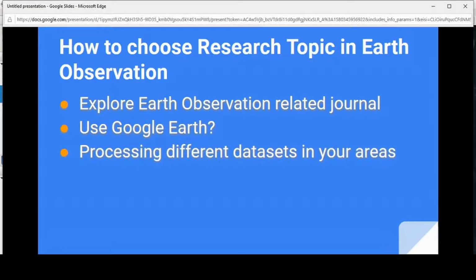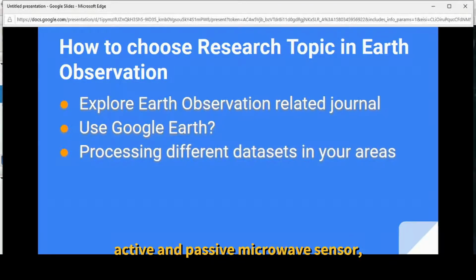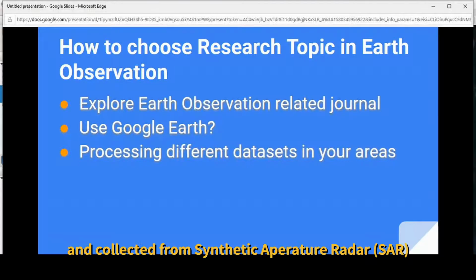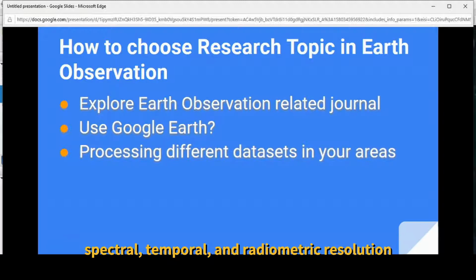If you have a research site, now start to collect satellite or drone images: RGB visible, multispectral, optical, thermal, active and passive microwave sensors, and collect synthetic aperture radar, the SAR data, with respect to different spatial resolution, spectral resolution, temporal resolution, and radiometric resolution. So this is a dig-in and dig-out type of approach.